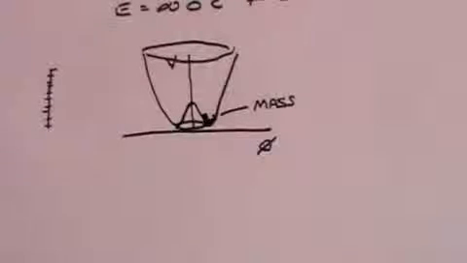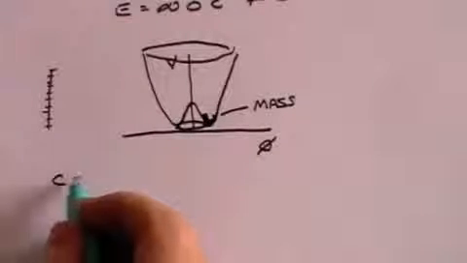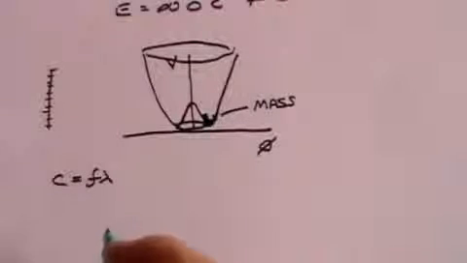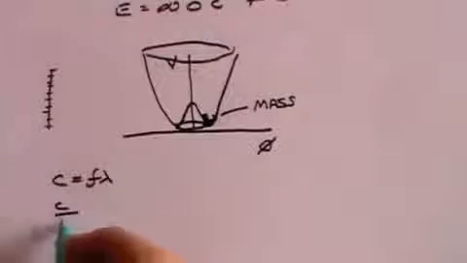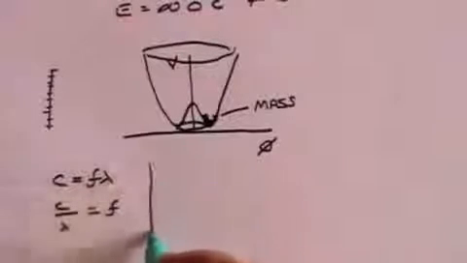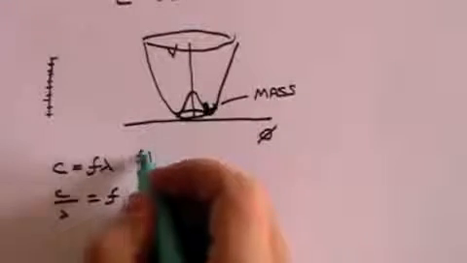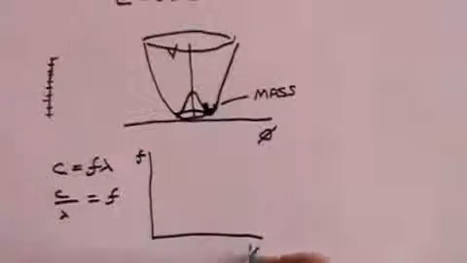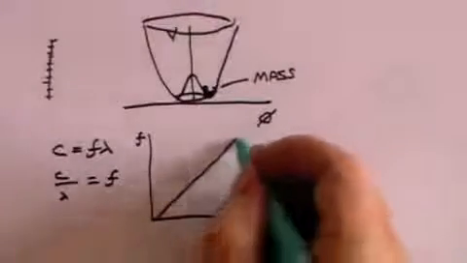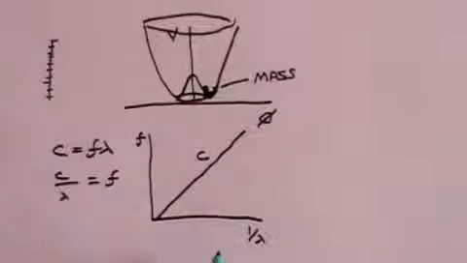Think about light for a moment. Light is governed by the formula that the speed of light is equal to the frequency times its wavelength. Or if you like, c divided by lambda equals f. So if we plot the frequency against 1 over lambda, we are going to get a straight line. And the gradient of that line will simply be c.